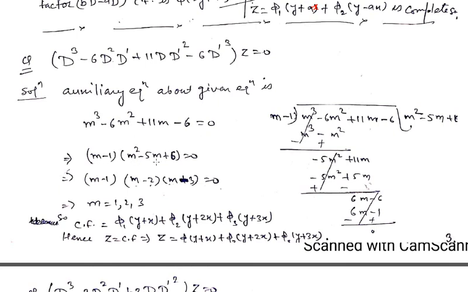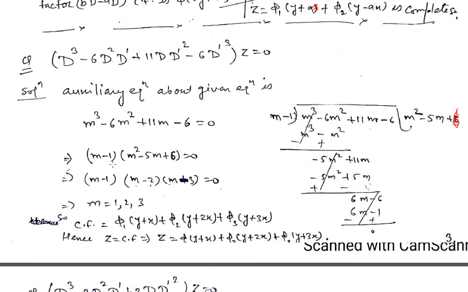To find the other 2 factors, we divide m³ − 6m² + 11m − 6 by m − 1. When we divide it, we get m² − 5m + 6. This is another factor.